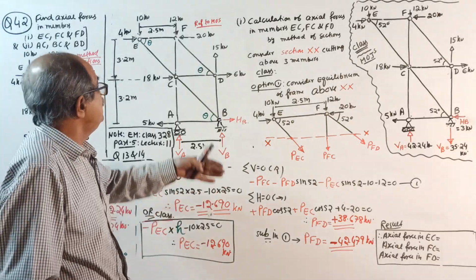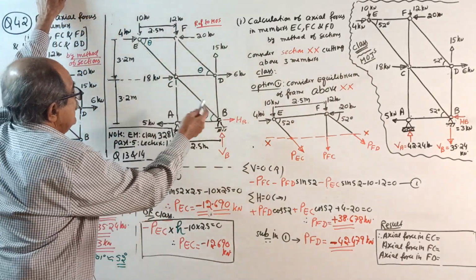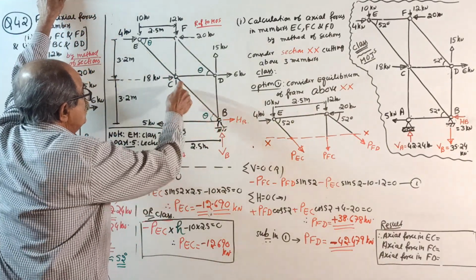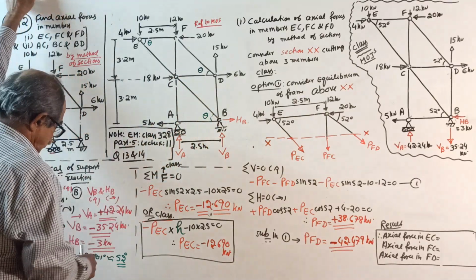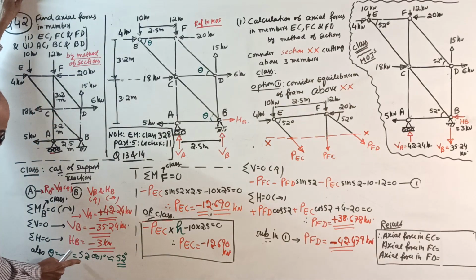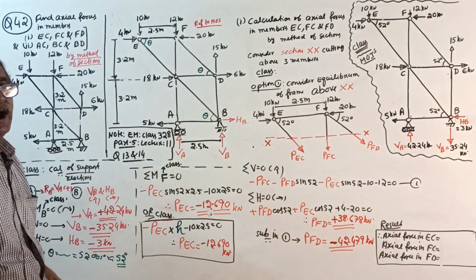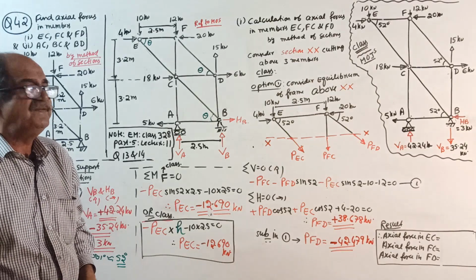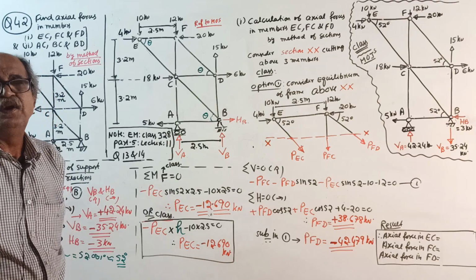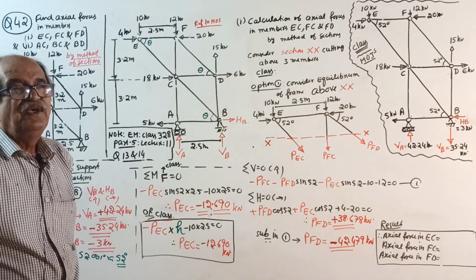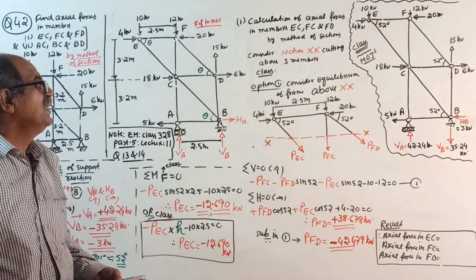Now, tan theta equal to 3.2 by 2.5. Using that, get the value of theta. It comes to 52.001 degrees. Who will write this every time?